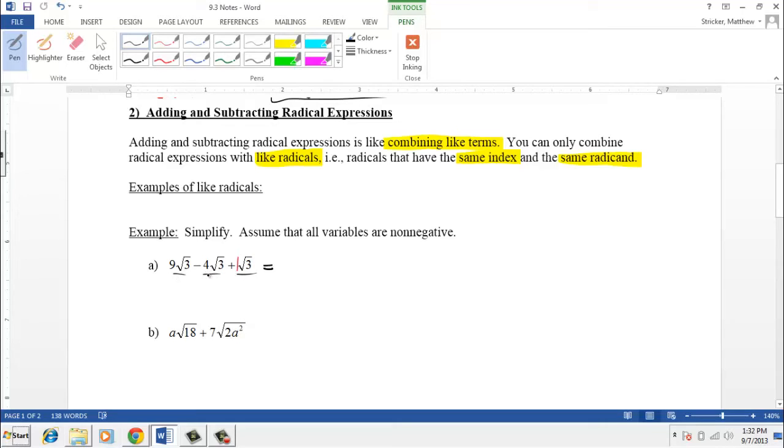Well, 9 minus 4 is 5, and if we add 1 to that, we have 6 square root 3. This problem is identical in concept to the problem 9x minus 4x plus x, which we know is equal to 6x. So just keep that in mind. It's the same concept.